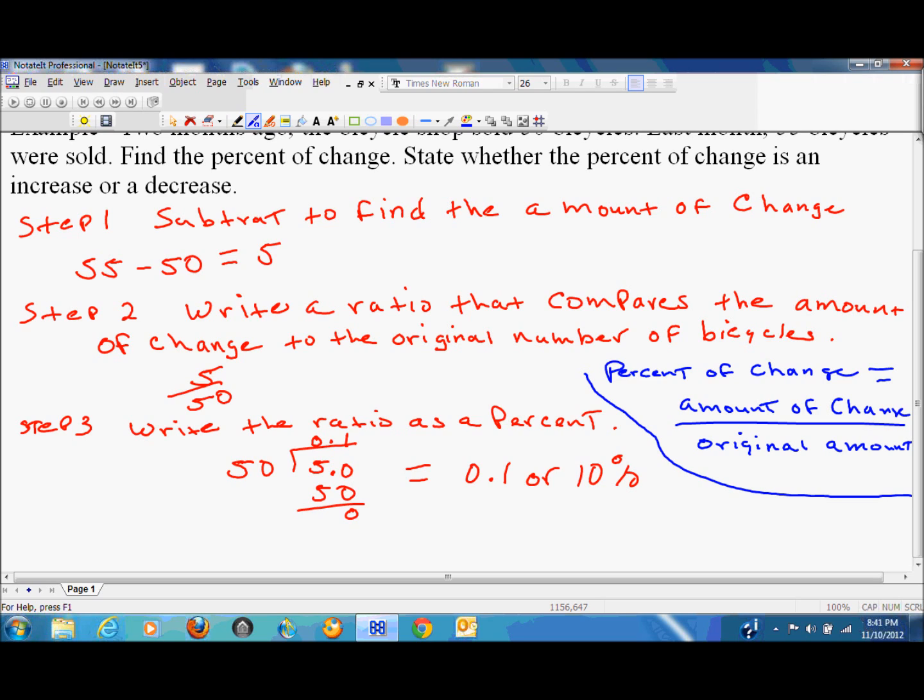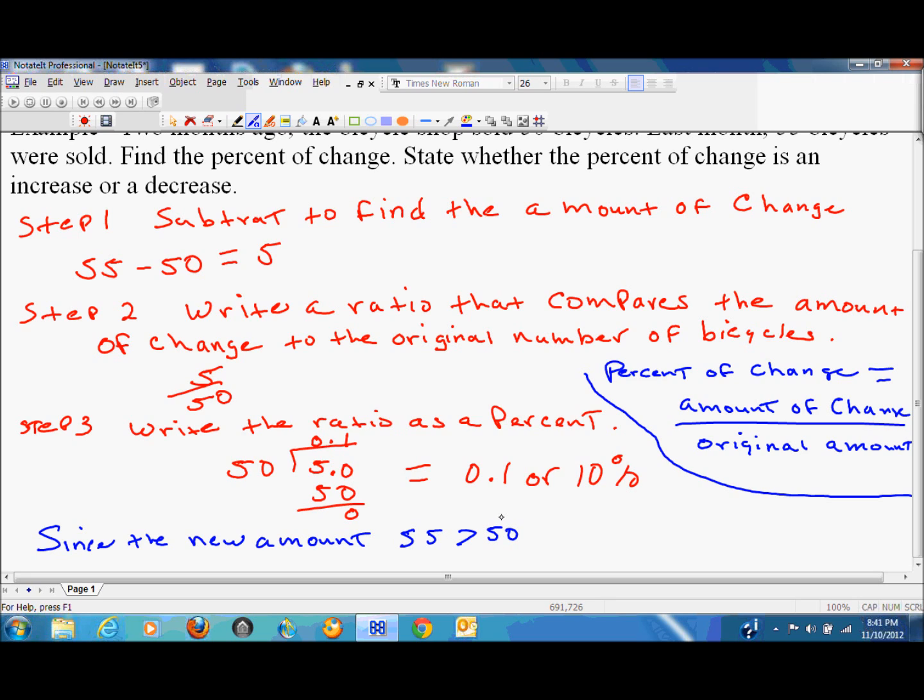Well, that's right. We did not answer a question. Thank you for bringing that up. Now, because it says state whether its percent of change is an increase or a decrease. So, since the new amount is greater than the original amount, so what's the new amount? 55. Since 55 is greater than 50, this is the new amount.